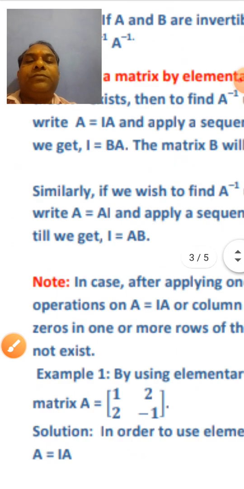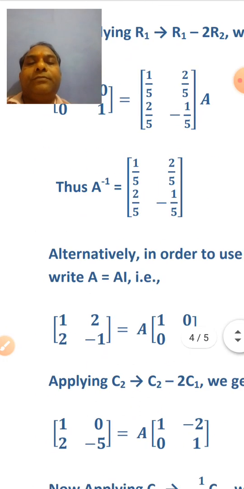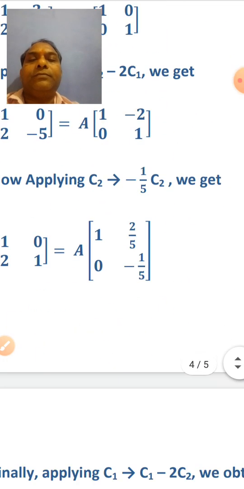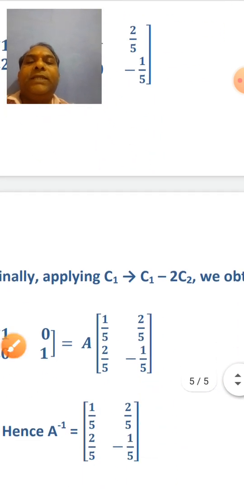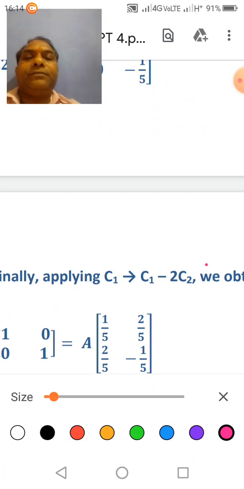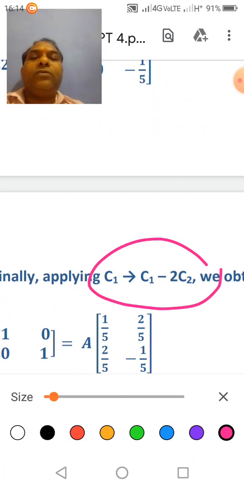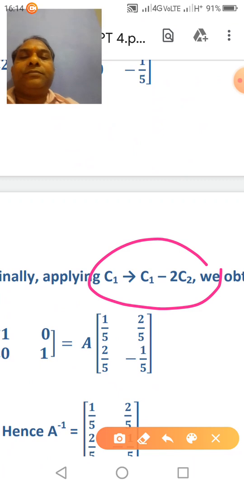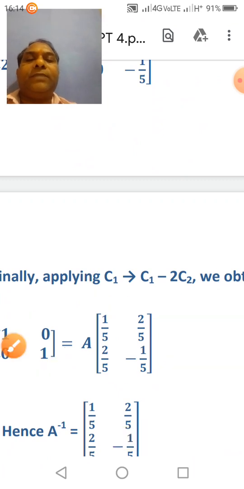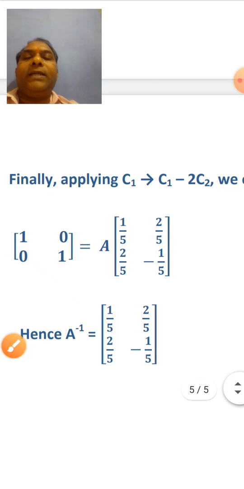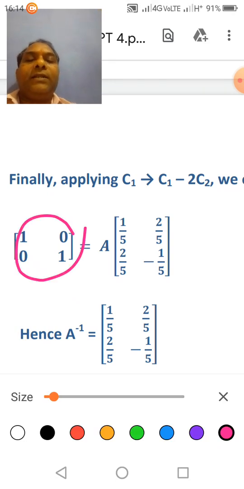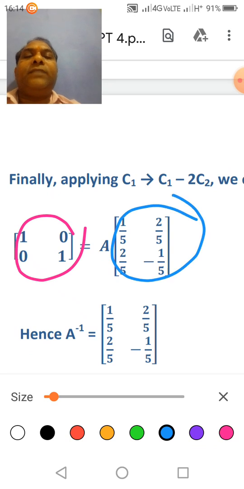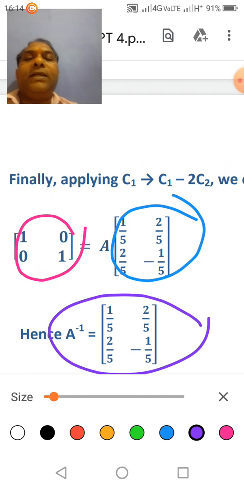Now finally apply C1 is changed by C1 minus 2 C2, then LHS will be this one and RHS will be this one. It means now the given matrix is converted into identity matrix. Then in RHS it will be the inverse of the matrix. Clear? So you can find the inverse.